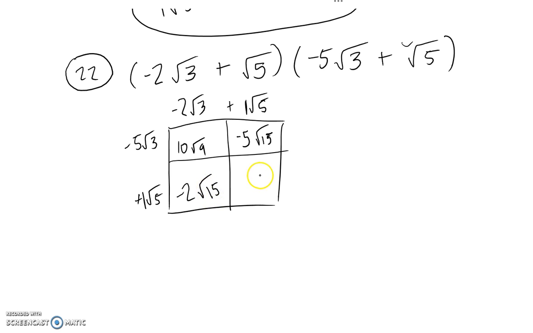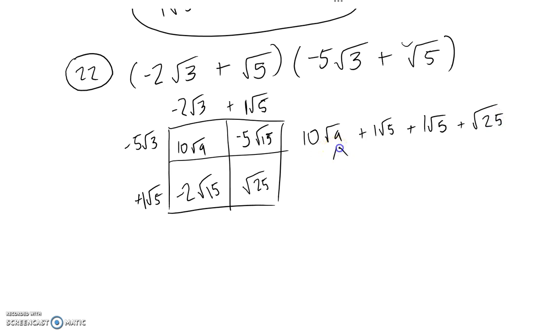And then this bottom corner right here, 1 times 1 is 1, 5 times 5 would be the square root of 25. So, putting those all together, I have 10 square root of 9 plus 1 square root of 5 plus 1 square root of 5 plus the square root of 25.